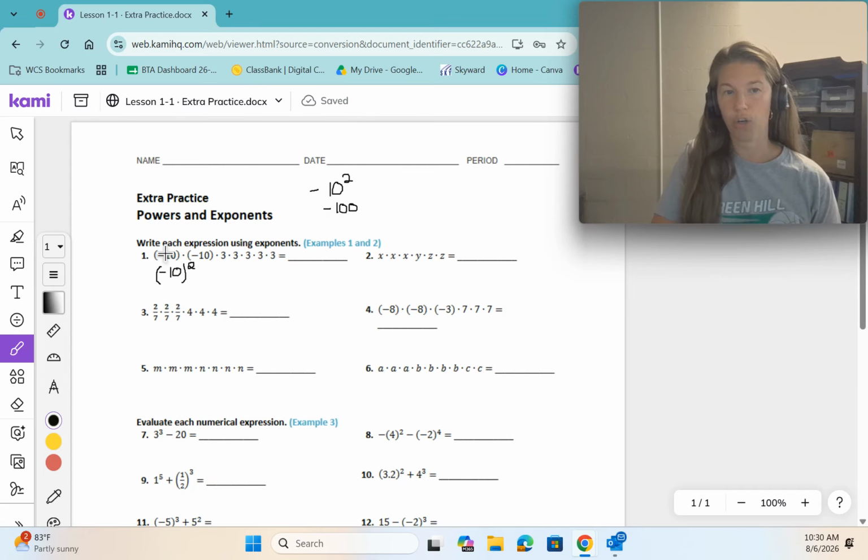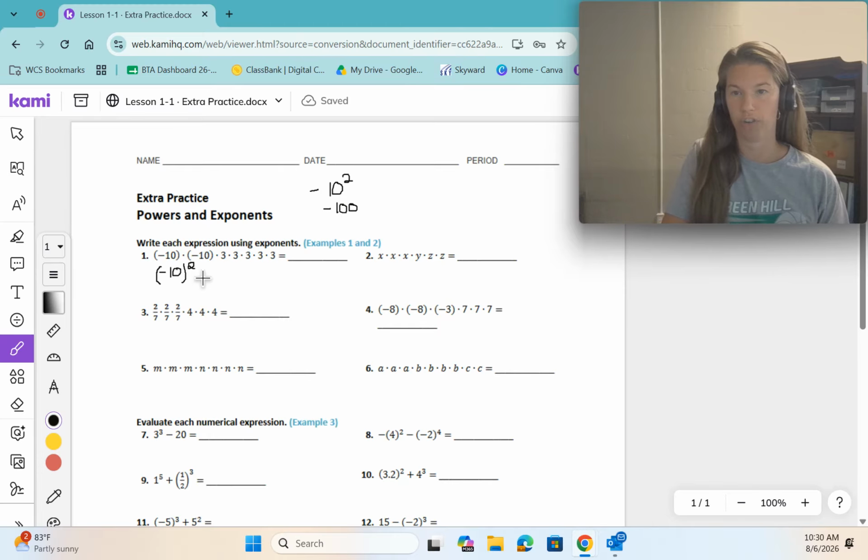But this is asking you to take negative 10 times negative 10, which a negative times a negative is a positive, so you would get positive 100 here.